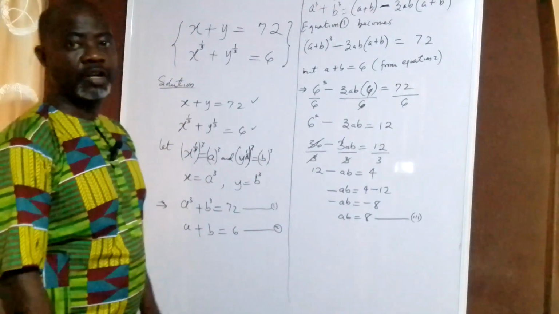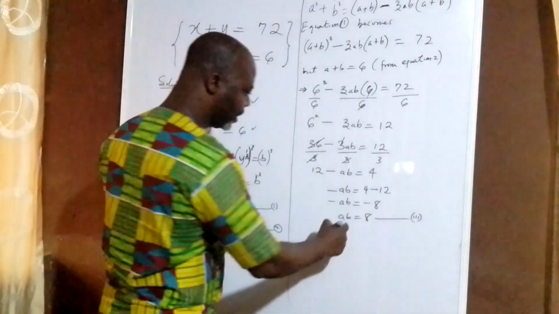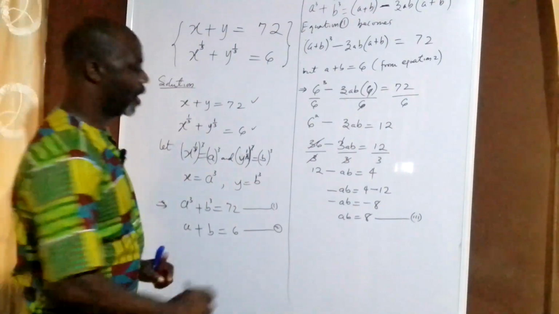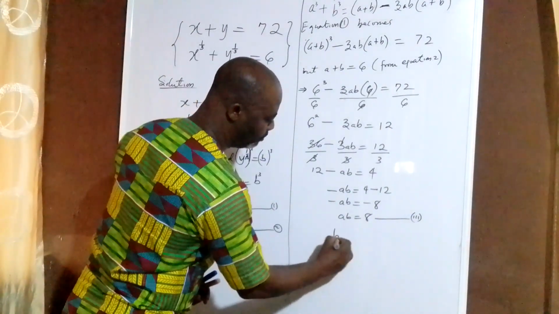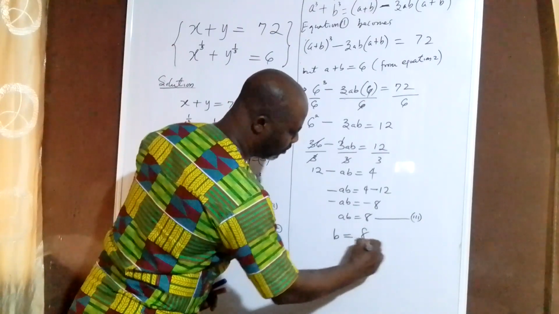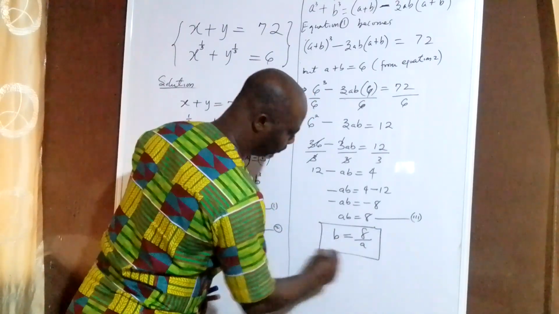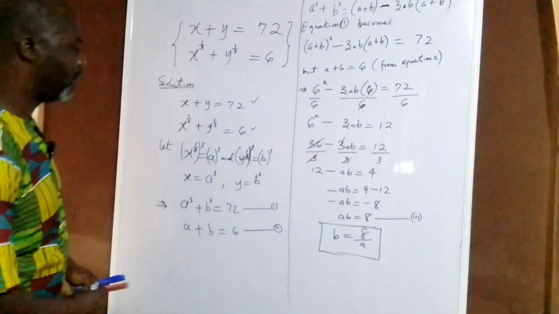So from equation 3, let's say we want to find b first. We say b will be equal to 8 over a.